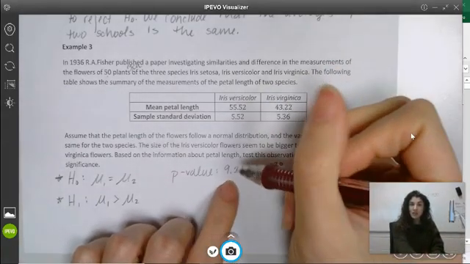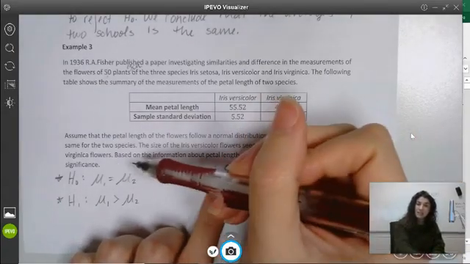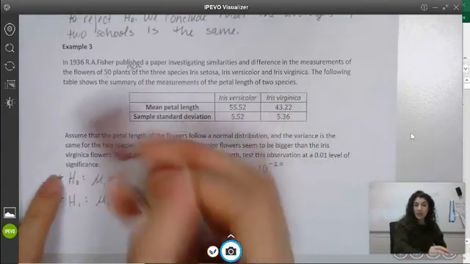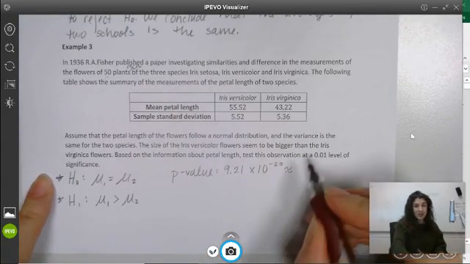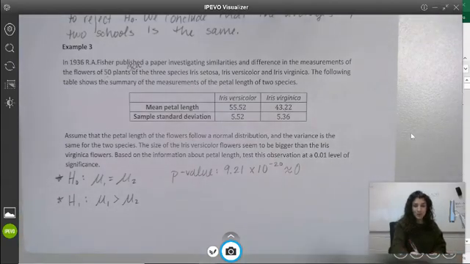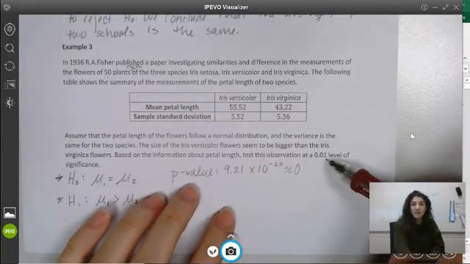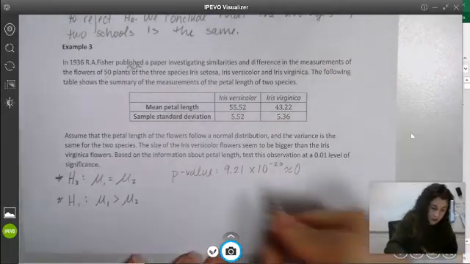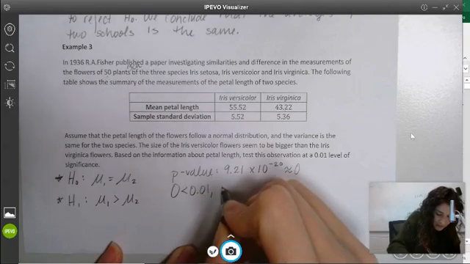That E means scientific notation. That means that we're moving this decimal 20 times to the left to make it an incredibly small number, which means really what your calculator is trying to tell you is that this is zero. So when we're comparing it to a significance level of 1% or 0.01, 0 is less than 0.01.